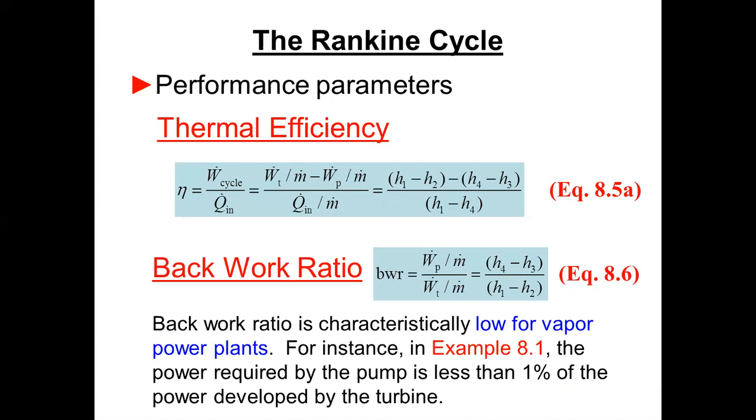Okay, so back work ratio is typically very low for vapor power plants. There are some examples in the textbook, but it shows that the power required by a pump is typically less than 1% of the power developed by the turbine. For the Brayton cycle, which we'll see a little bit later, we have a compressor that's compressing air coming in, and that compressor requires 30-40% of the total work developed by the turbine.